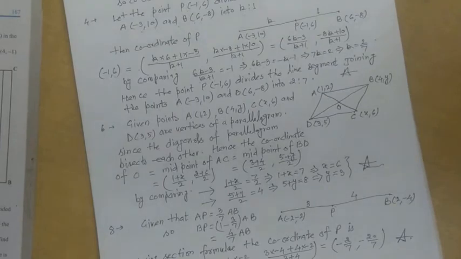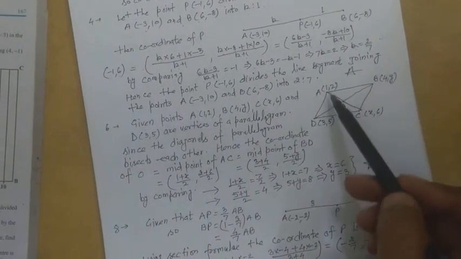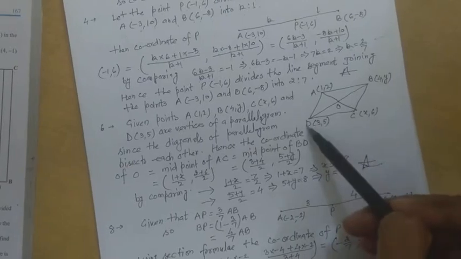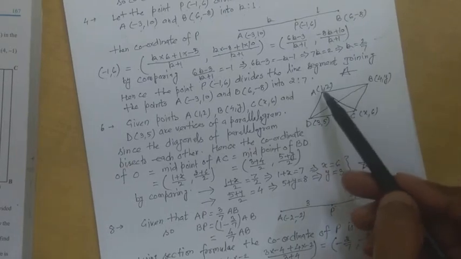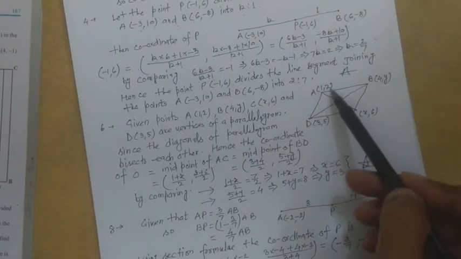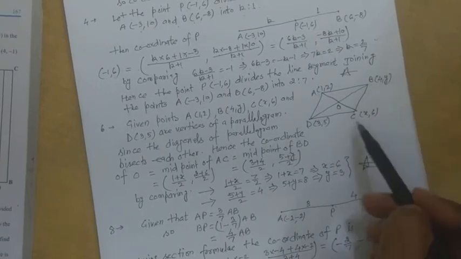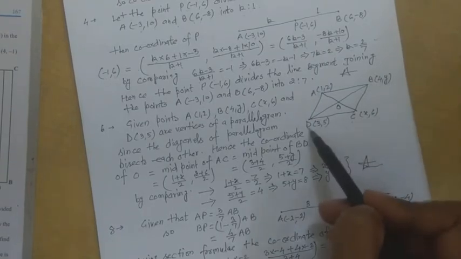Now question number 6. If (1, 2), (4, y), (x, 6) and (3, 5) are the vertices of a parallelogram taken in order, find the values of x and y. We have made ABCD a parallelogram with the vertices A (1, 2), B (4, y), C (x, 6), D (3, 5).